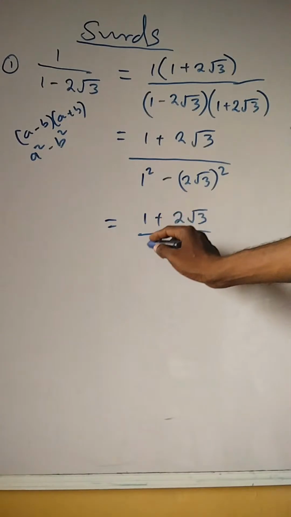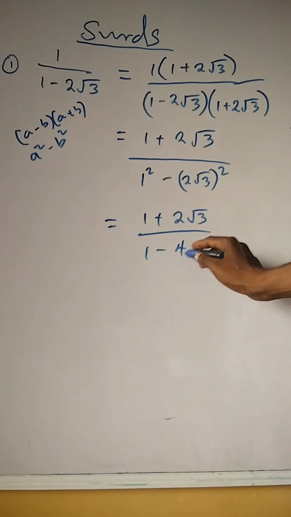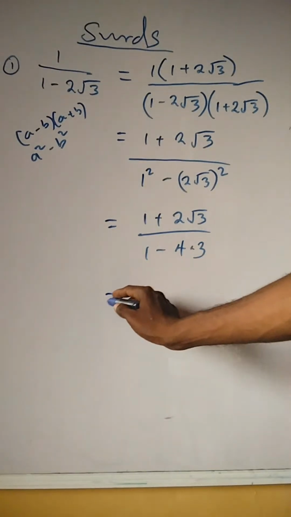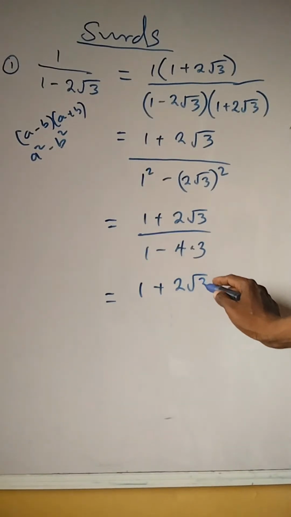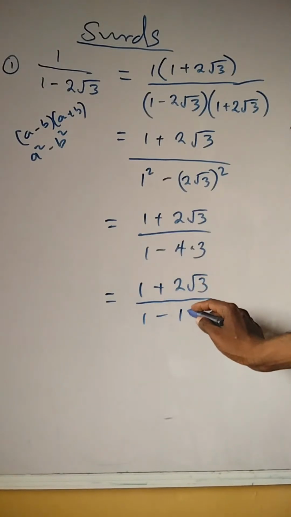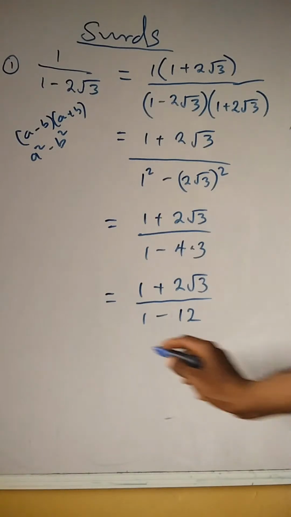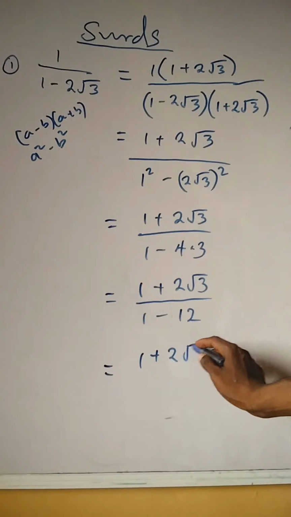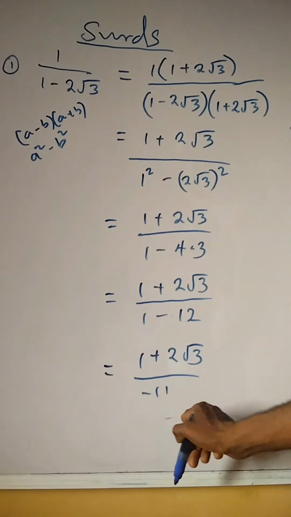divided by 1 squared, which is 1, minus this square, which is 2 squared, 4, then times root 3 squared as 3. This becomes 1 plus 2 root 3 over 1 minus 12, since 4 times 3 is 12. Then this is the same thing as 1 plus 2 root 3 over 1 minus 12, which is minus 11.